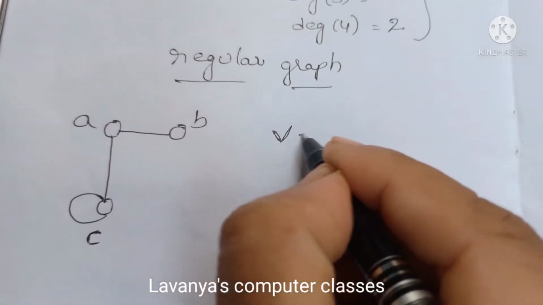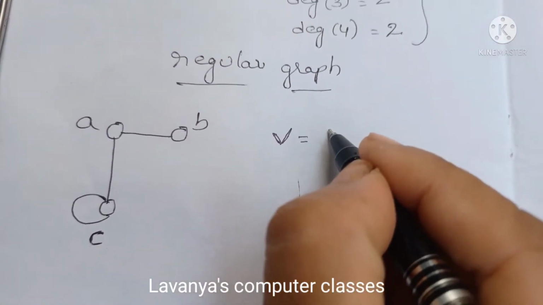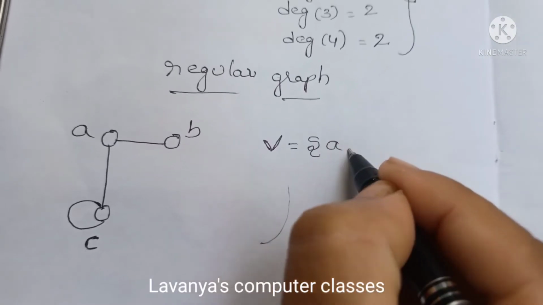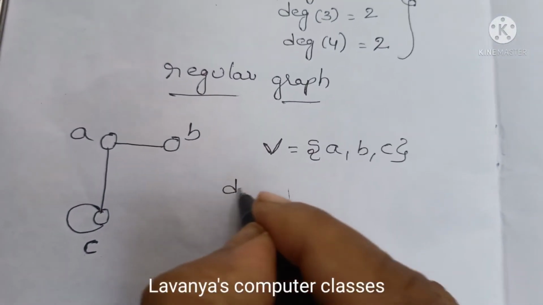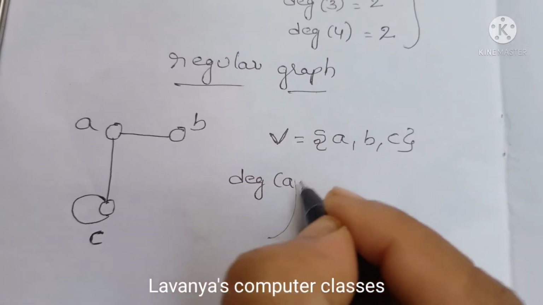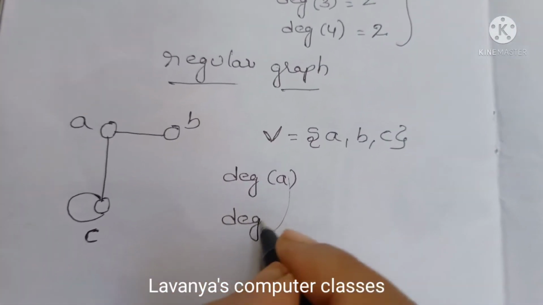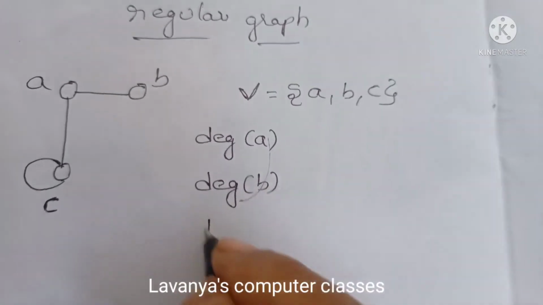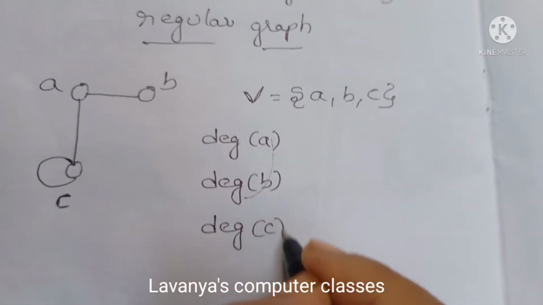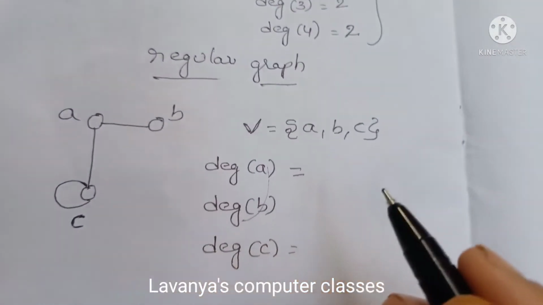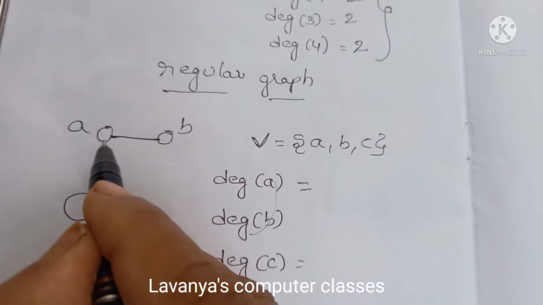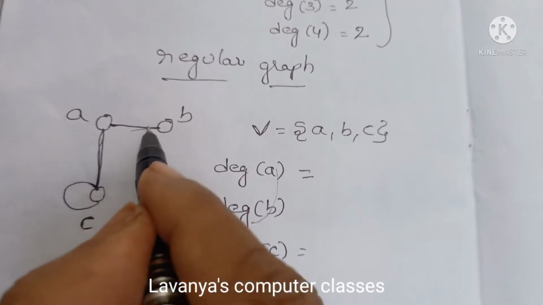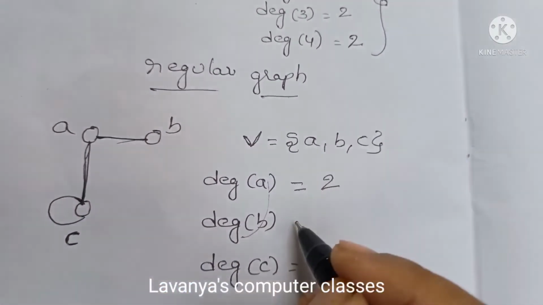First I find the vertex set, which is represented with V. The vertex set contains 3 vertices: A, B, C. Now, I want to find the degree of A, degree of B, and degree of C. What is the degree of A? Degree of A means how many adjacent edges are there for A. That is 1, 2. So, degree of A is equal to 2.